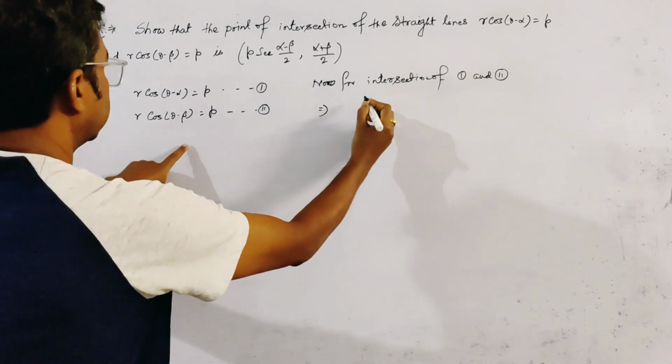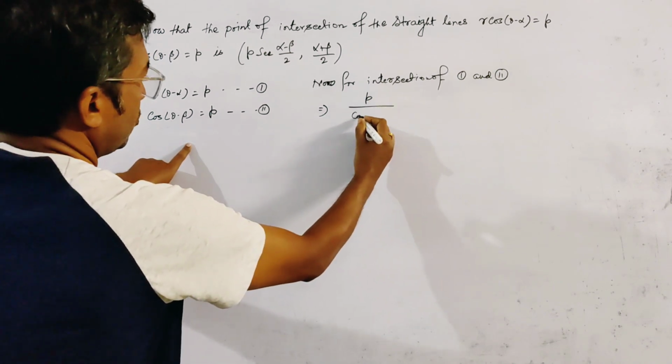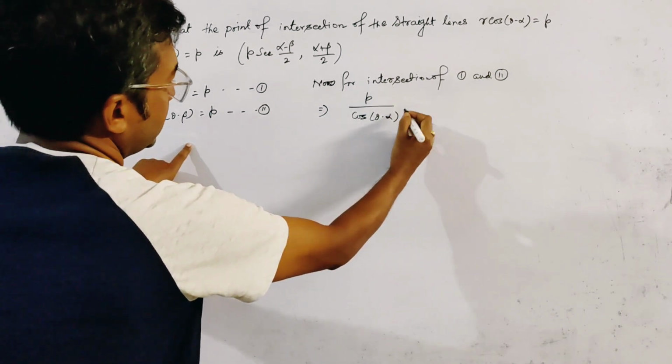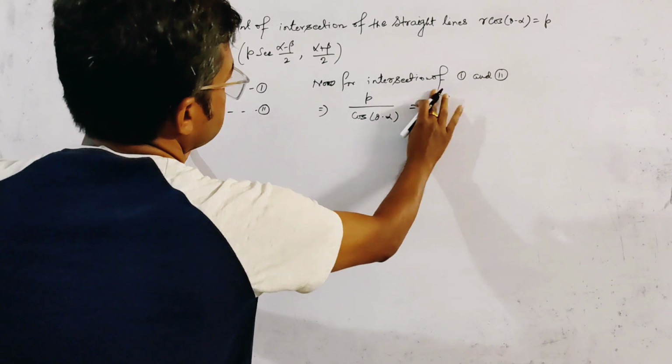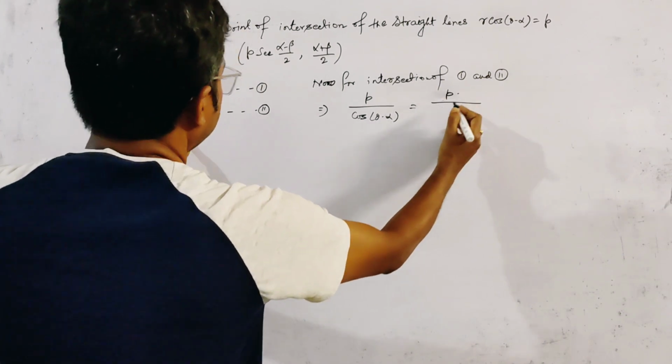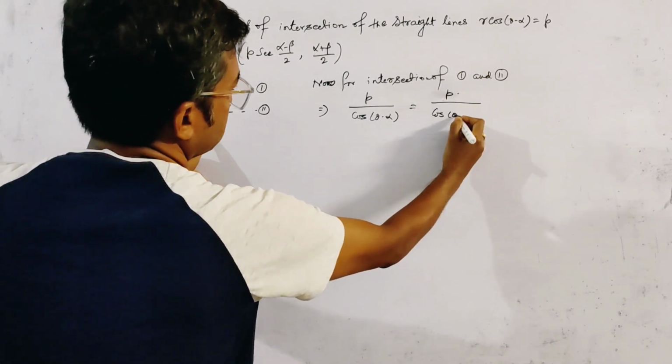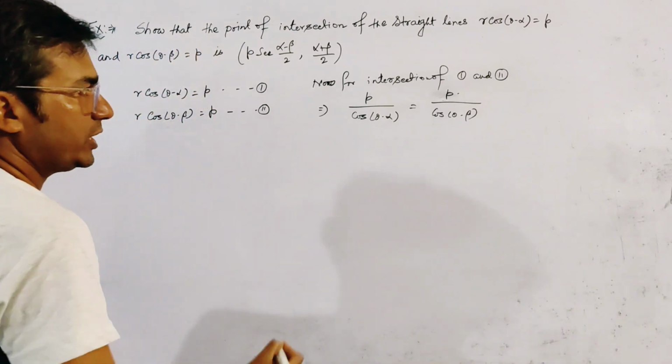So we get p by cos(θ − α) equal to p by cos(θ − β).